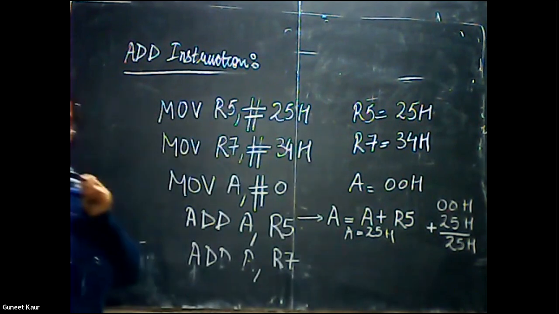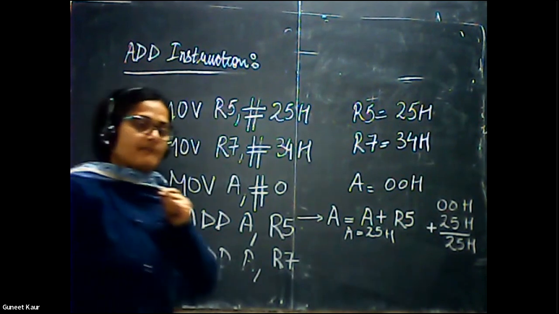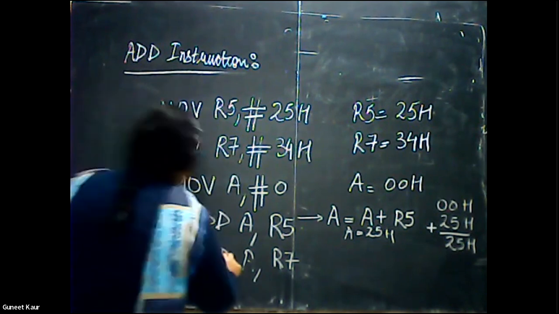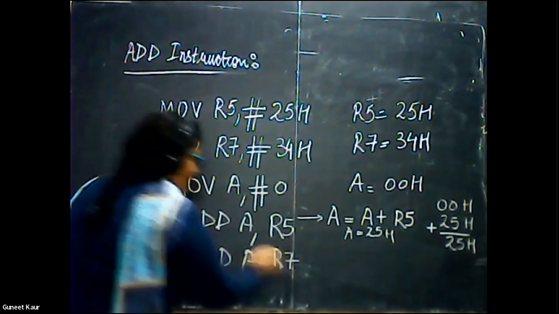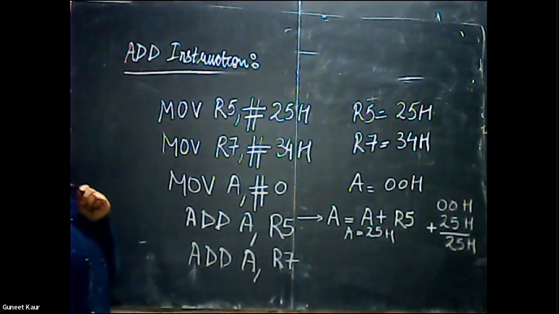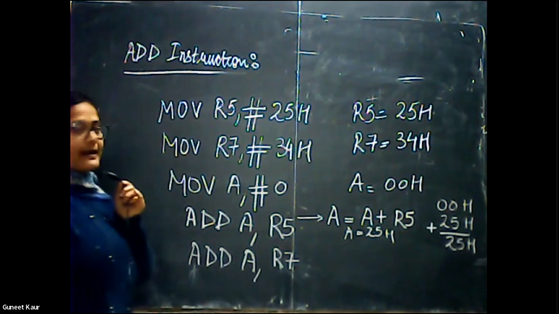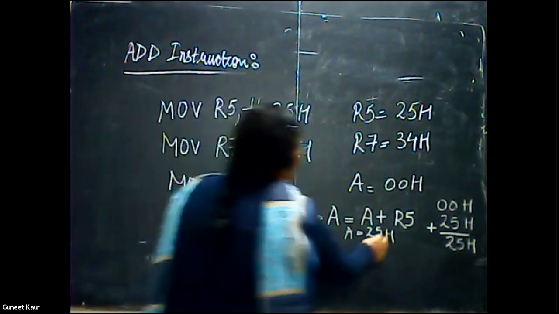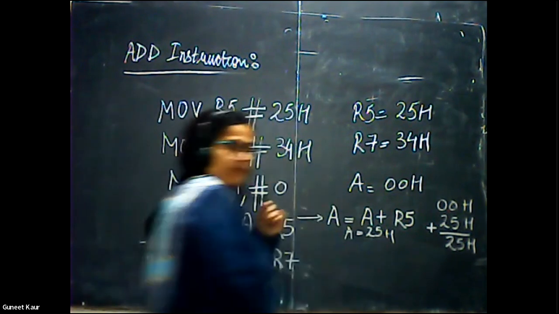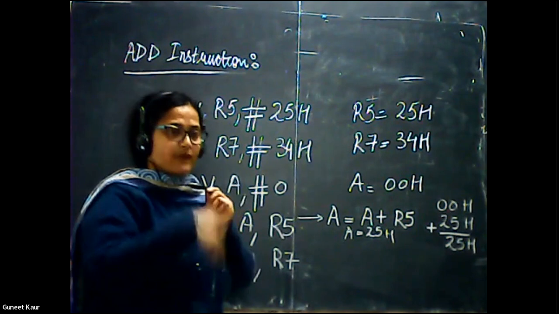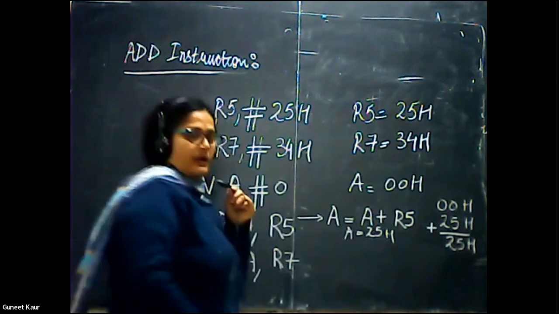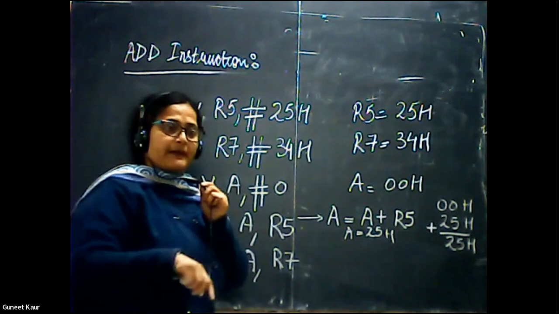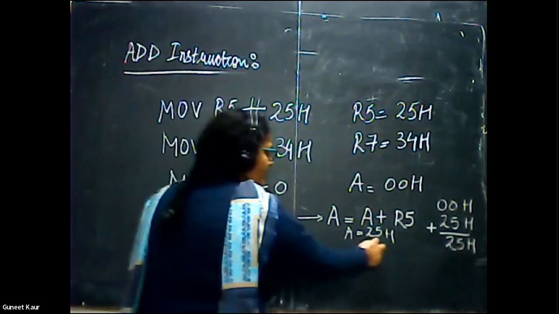Now the last command is ADD A, R7. Now I have to add the A and R7 contents. I will take A as 25H because this is the updated value of the accumulator. I will not take the value 00. A is updated to 25H.